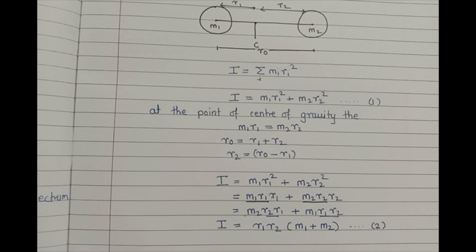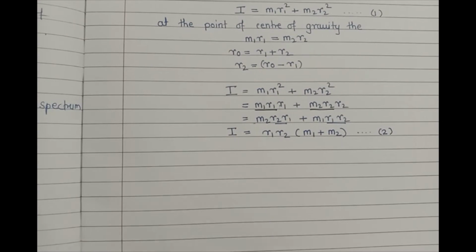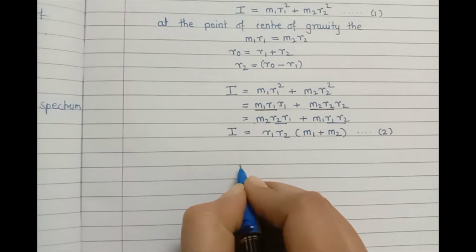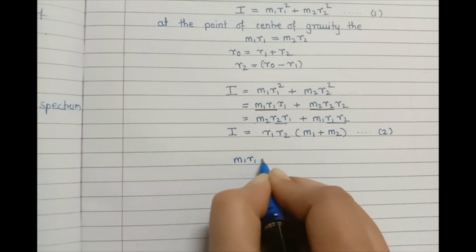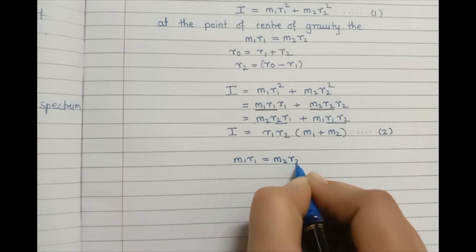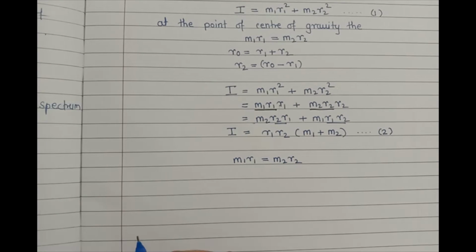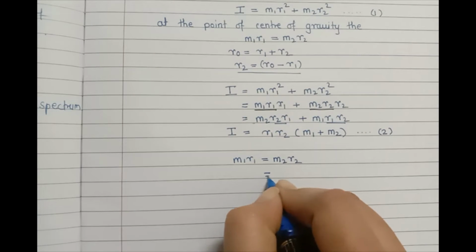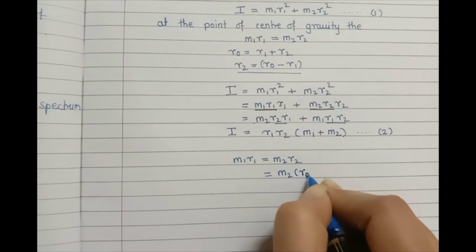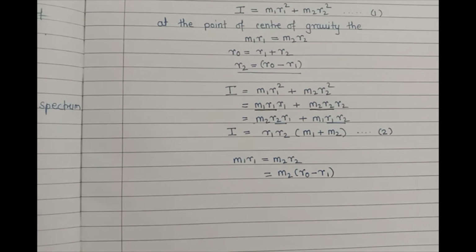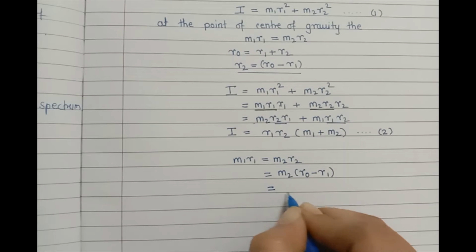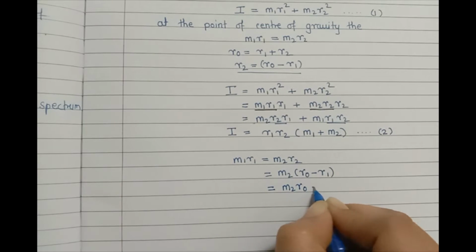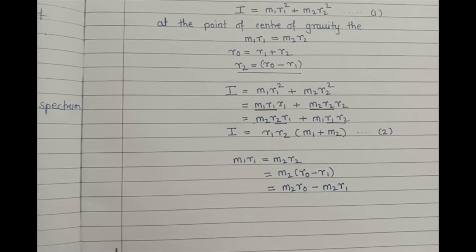So as we know that M1 R1 is equal to M2 R2, and we also know that R2 is equal to R0 minus R1. Now opening the bracket, M2 R0 minus M2 R1, which is equal to M1 R1.